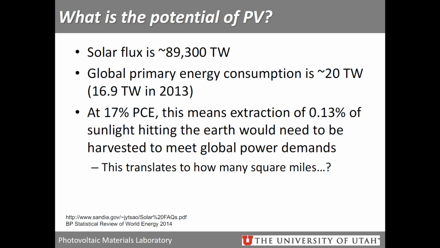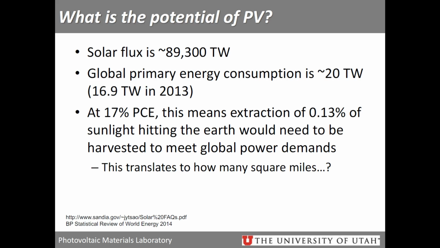So speaking about potential jobs in the field of photovoltaics, let's again do some simple math. Let's consider the total flux, or the total sun's energy that we receive on Earth per year, is roughly around 90 terawatts. And even if we say that the global primary energy consumption is around 20 terawatts, which was estimated from this figure back in 2013 from Sandia, which stands at 17 terawatts per year.